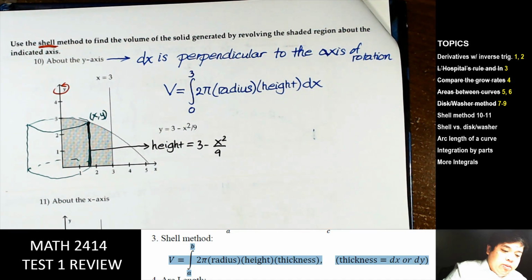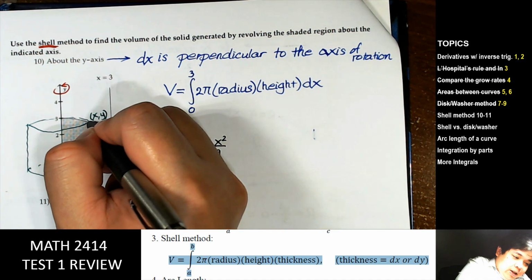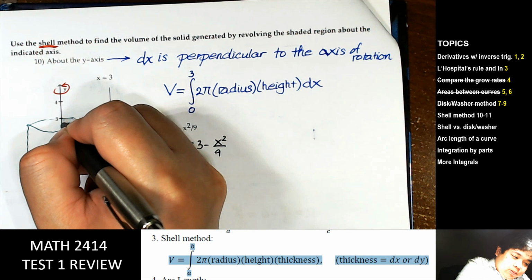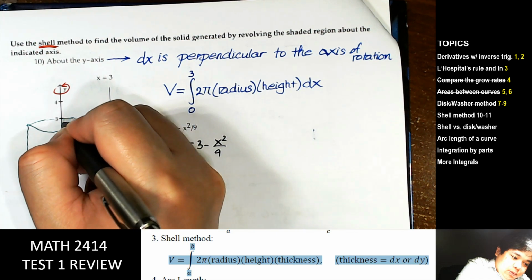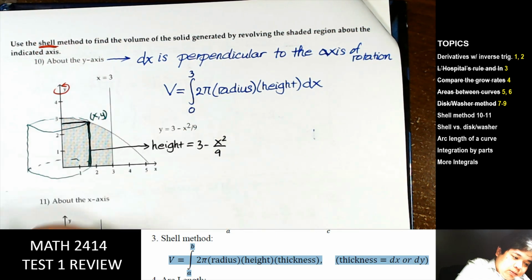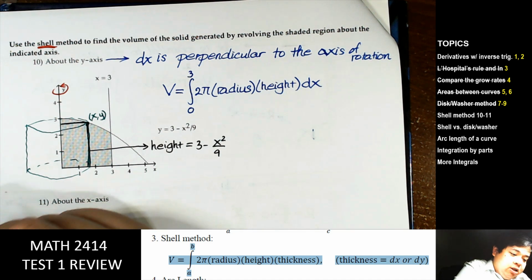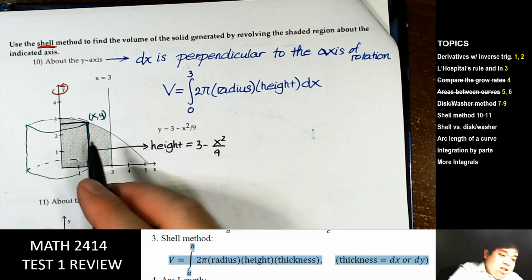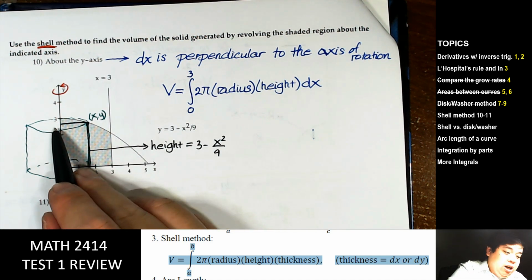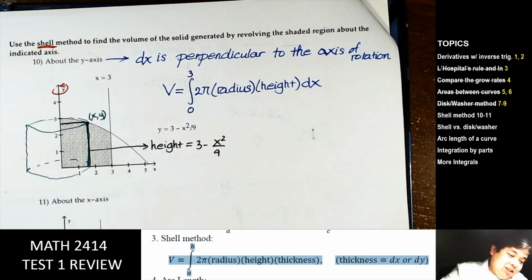And then the width, the radius. The radius is from that point to the axis. Since the point here is x and y, the radius is going to be x.